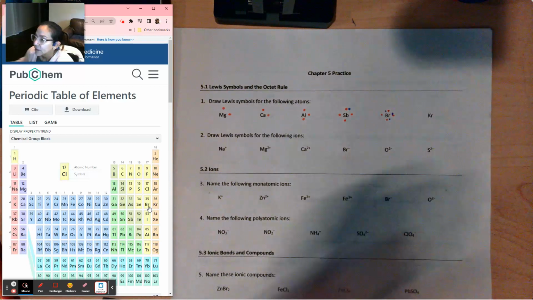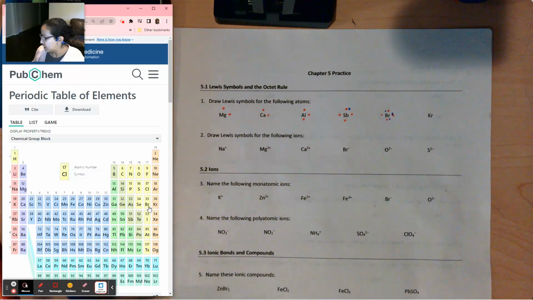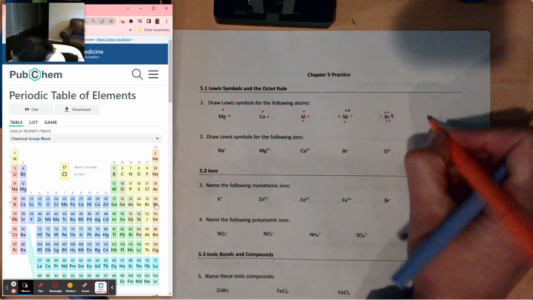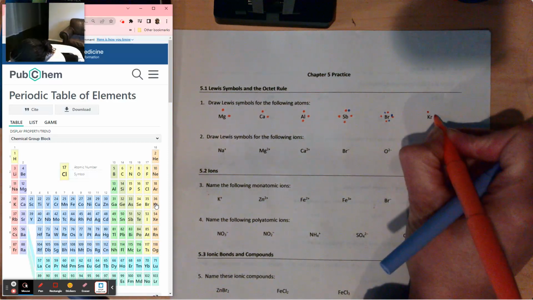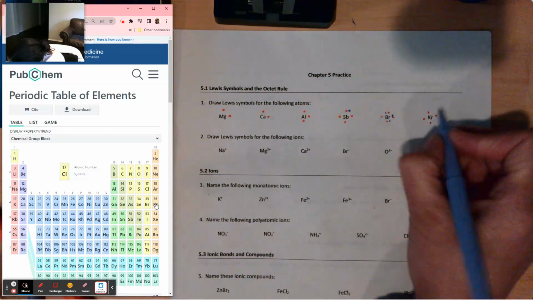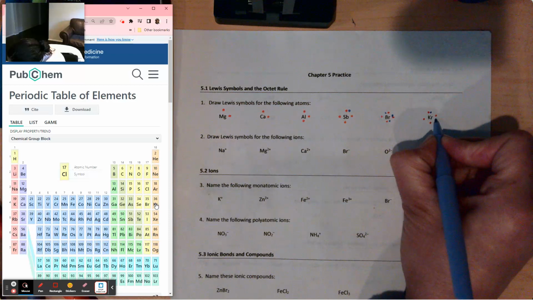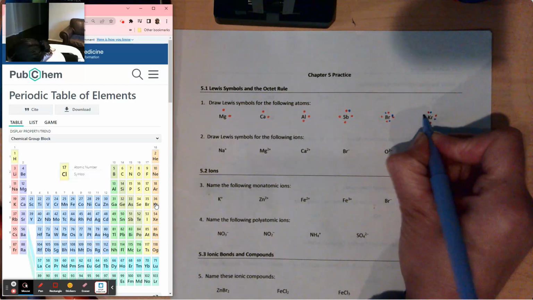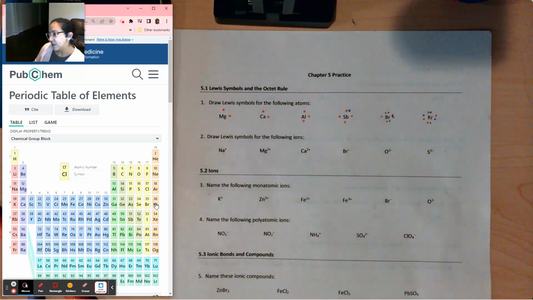Okay. Now, last but not least is krypton, and krypton is right next to bromine, and it has a full octet, which means it has 8 valence electrons. So 1, 2, 3, 4, 5, 6, 7, 8. 8 valence electrons.